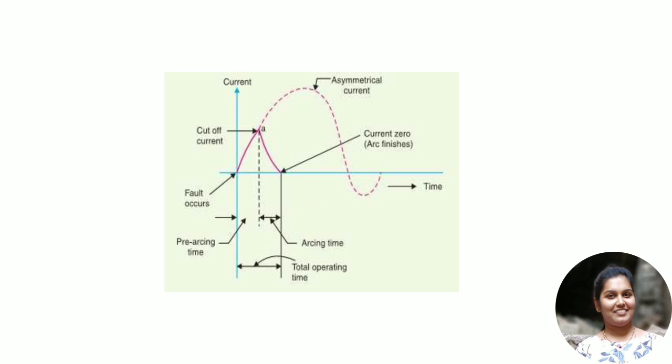So these are the points to be kept in mind when dealing with fuses: the value of the fusing current, the current rating of the fuse, what the pre-arcing time is, and what the cutoff current is.